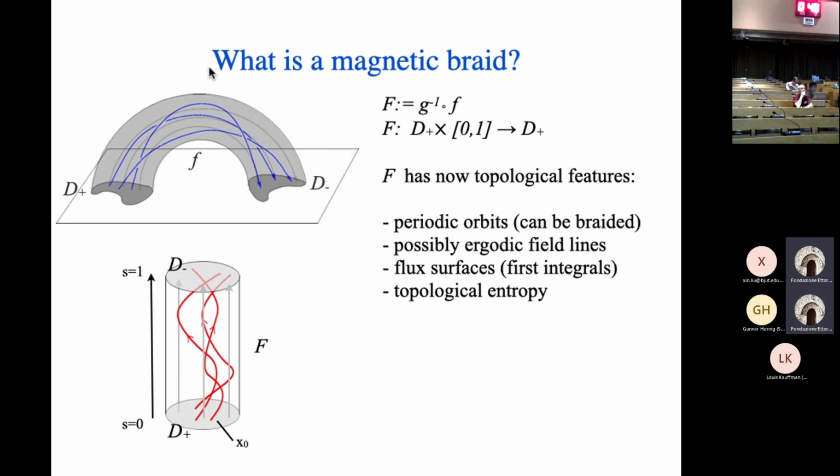Right. In most cases, we will, for simplicity, also straighten out this domain. So instead of this curved flux tube, we consider the straight cylinder just because that's easier. And in the straight cylinder, the potential field is also quite easy. It's just the homogeneous field in that direction.